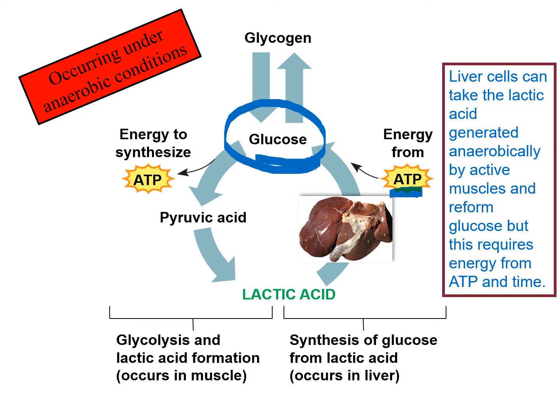So that's one function of your liver, and that is to take that accumulated lactic acid formed during anaerobic respiration and convert it back into glucose. That takes energy and it takes time. It takes both to make that conversion back into glucose.